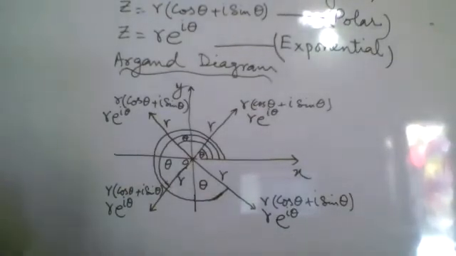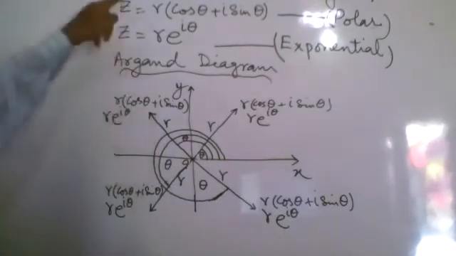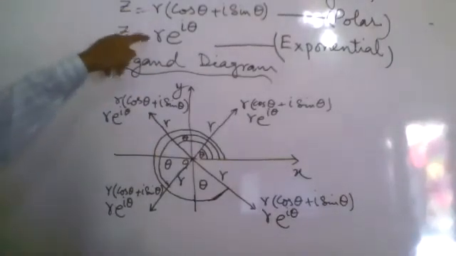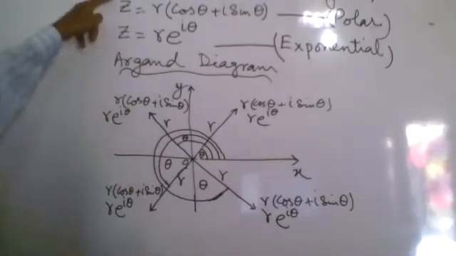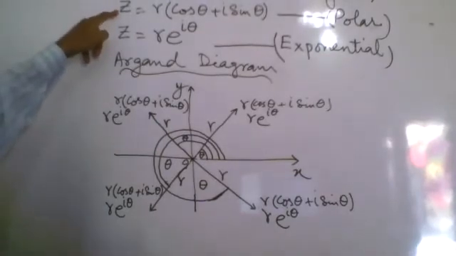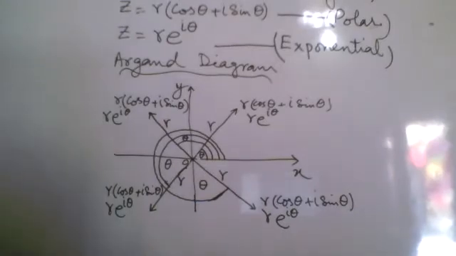Okay. Now next, how to convert the rectangular form into polar or exponential form.